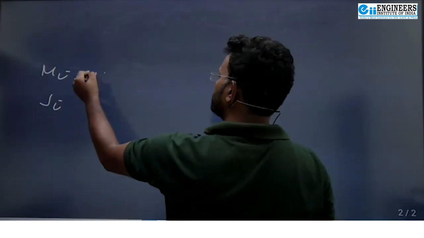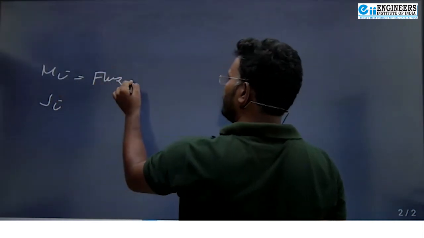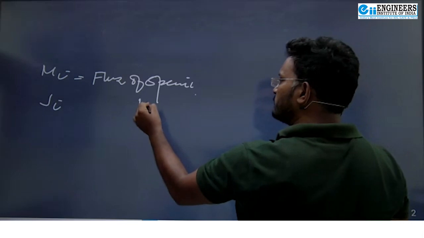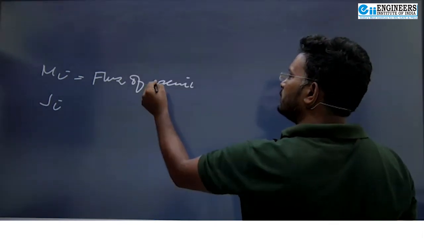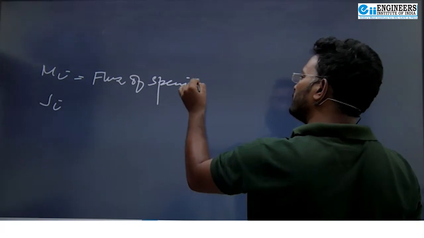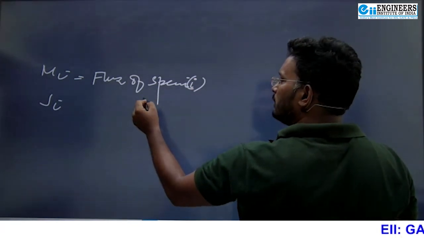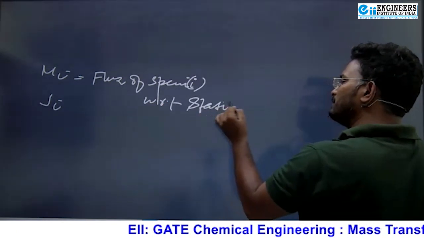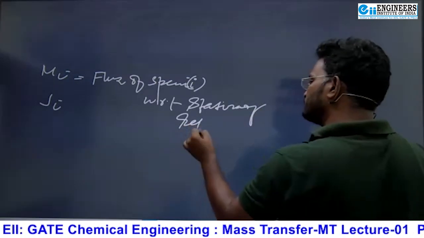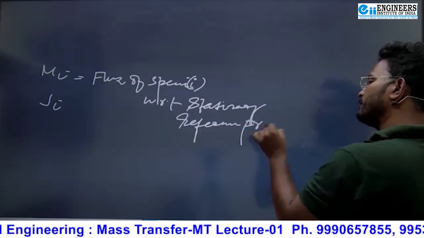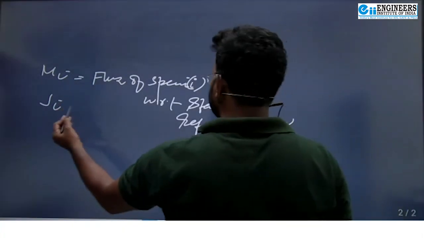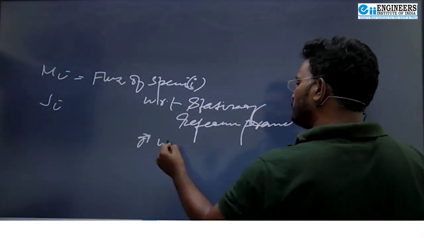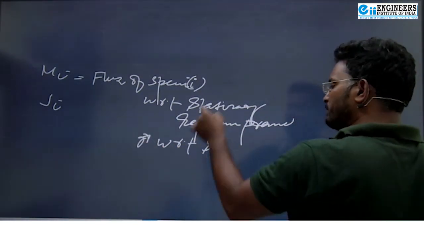It is the molar flux I am talking about, flux of species i. You can add this point: Ni is the flux of species i with respect to a stationary reference frame, or with respect to a stationary observer.